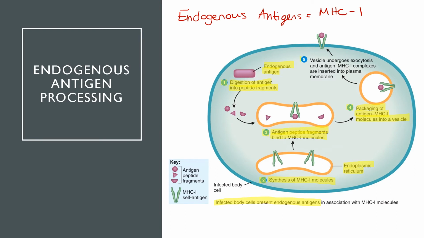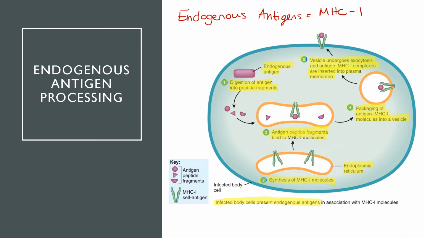And then our final step here is step 5, where we get insertion of the antigen MHC1 complex into the plasma membrane. So the vesicles that contain antigen MHC1 complexes will undergo exocytosis, and this will insert them into the plasma membrane.